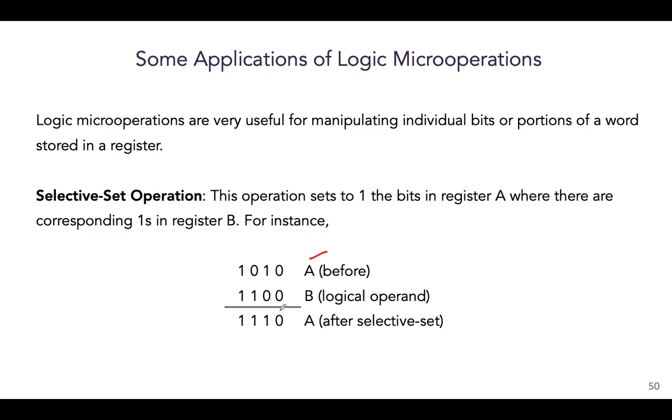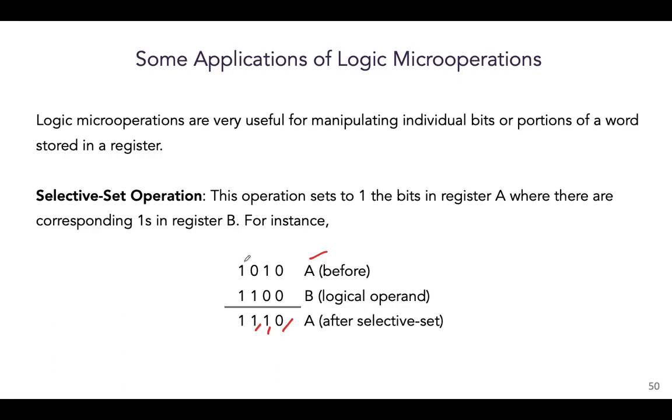Here we can see the zeroth bits are both 0, so it doesn't change. This bit is 1, and in the corresponding location in B there's a 0, so nothing happens, it still remains 1. This bit in A was 0, in the corresponding location in B it was 1, so now it has been turned into 1.